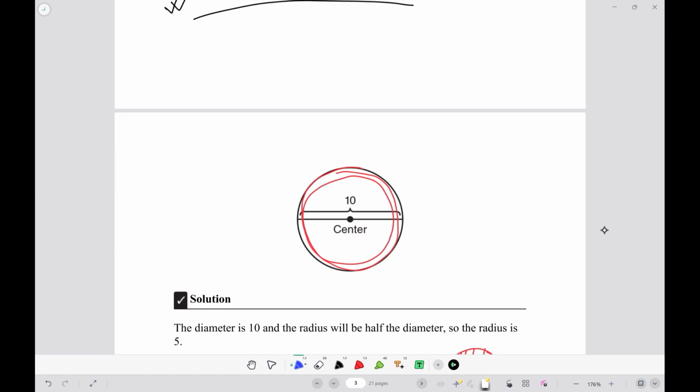For this given circle, the area would be pi r squared. For this circle, the radius is r equals 5, because the diameter is twice the radius, or the radius is half of the diameter, whatever you say.